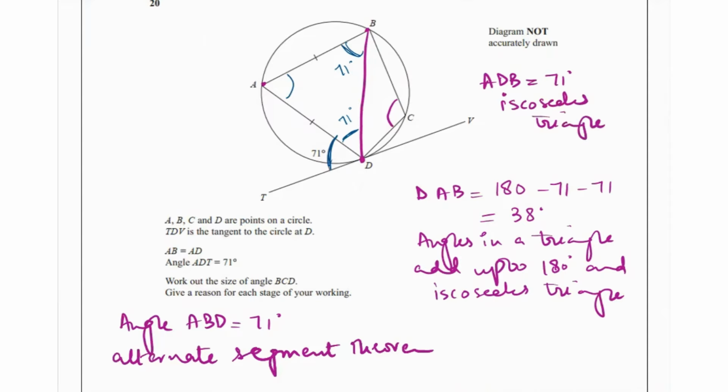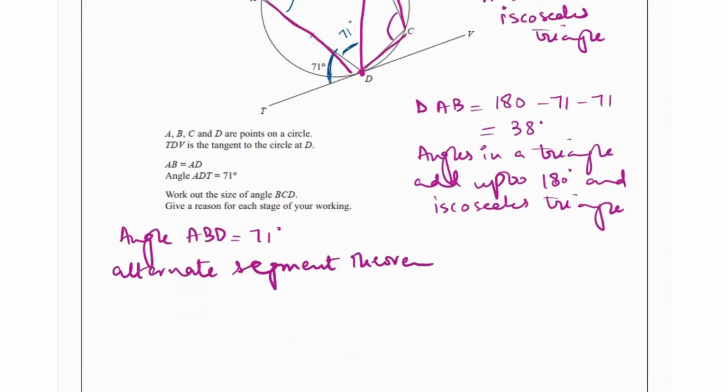Then for BCD, now if you notice, it's a cyclic quadrilateral because all four vertices are touching the circumference of the circle. So that means opposite angles add up to 180. So BCD is going to be 180 minus 38, which is going to give us 142 degrees.